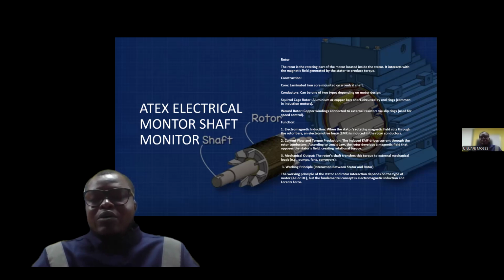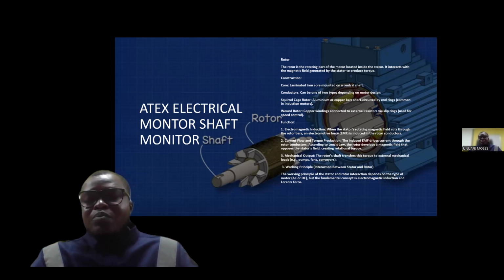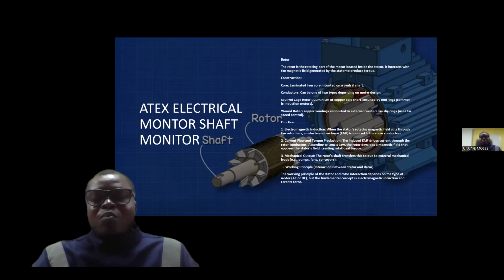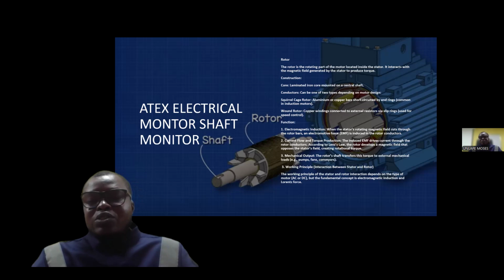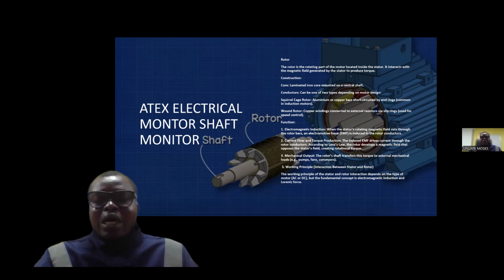According to the principle, the rotor develops a magnetic field that opposes the stator field, creating rotational torque. It also functions as mechanical output. That is to say, the rotor shaft transfers the torque to an external mechanical load, such as pumps, fans, and conveyors.